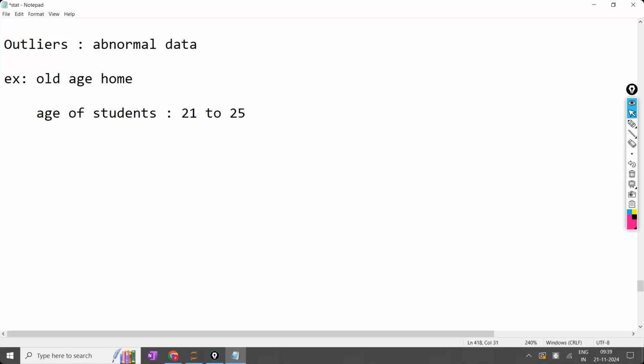Freshers would be 22, 23. If people with slight experience are there, 25 will be there. If any 45 year old student is sitting in this class, he'll be considered an outlier. Is there anything wrong in that? No, he can learn. Even at 45 years, getting the interest to learn new things is great. That is absolutely not wrong. But when compared to other data, he will be considered an outlier.